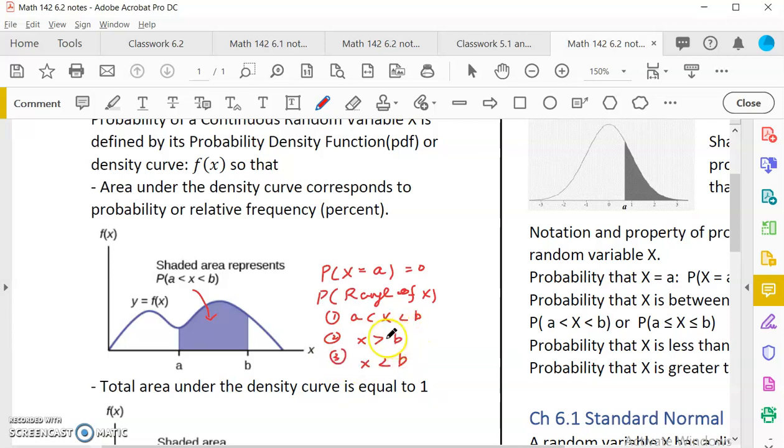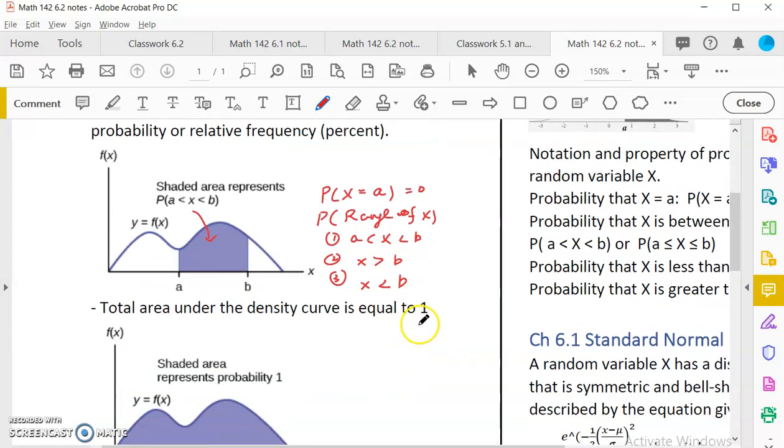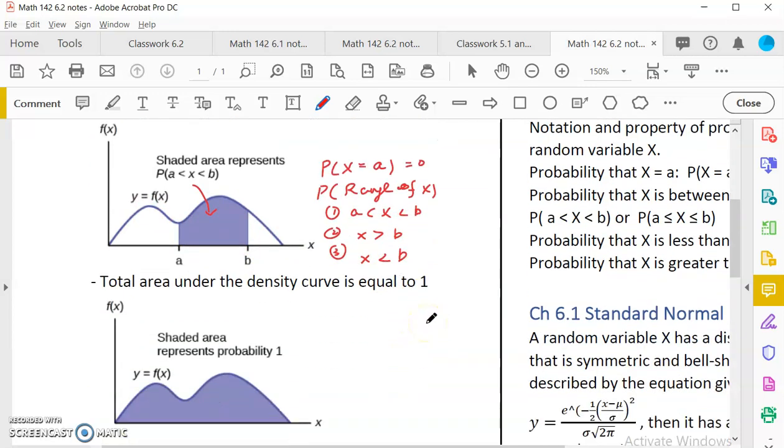So it could be a one-sided area, the left side, right side, or the middle area. Anyway, area represents probability, and X equal to a doesn't represent anything. It's always 0. So when we find probability, we use the density function to find the area.